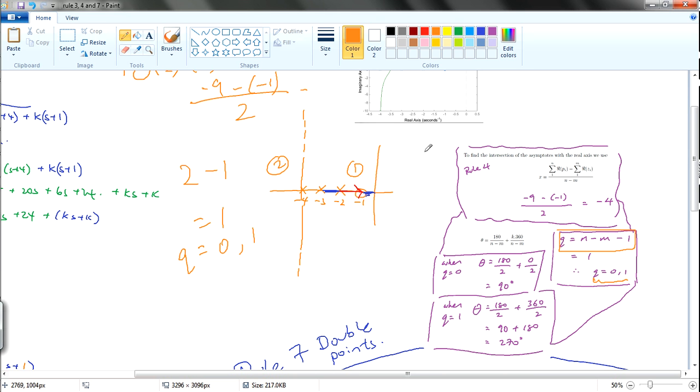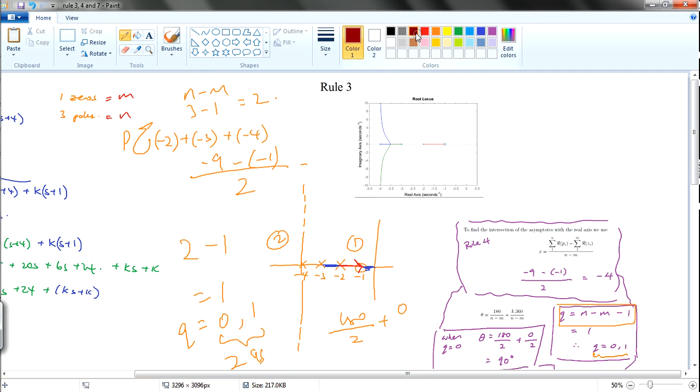So theta is equal to 180 divided by n minus m, which is 2, and then plus k, which is 0 in this case for the first. From here you can know that there are two asymptotes. One asymptote is in this line, and another asymptote is this.